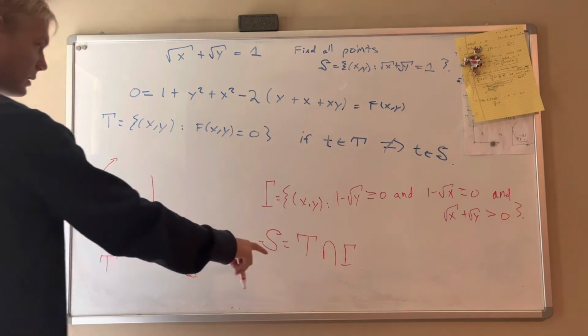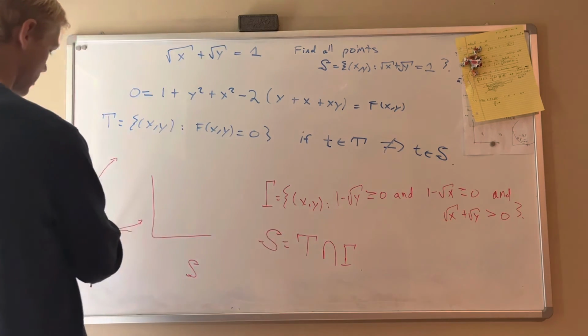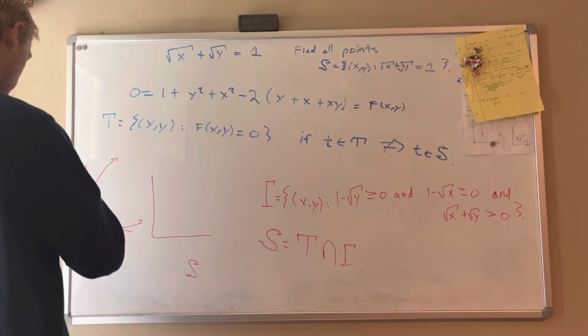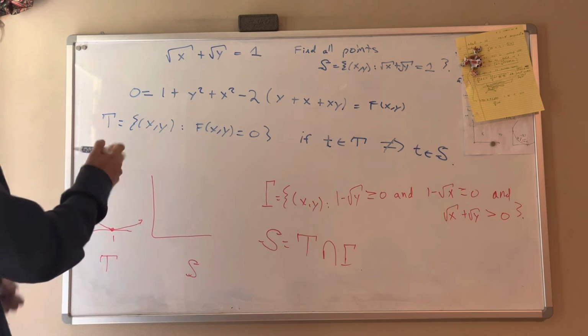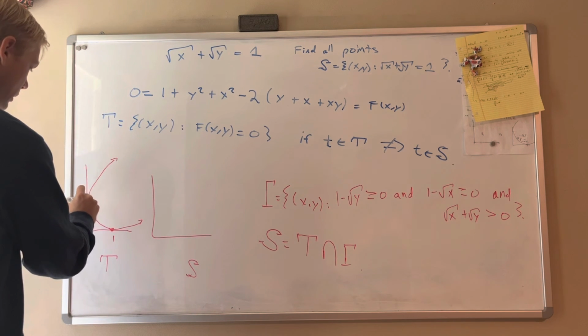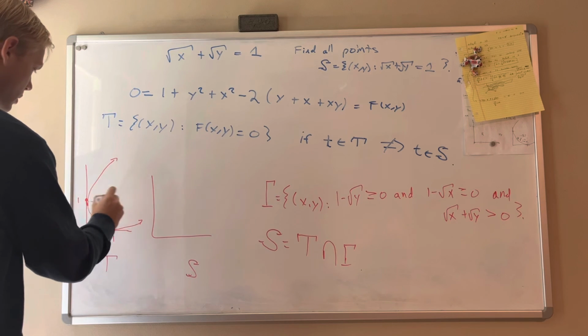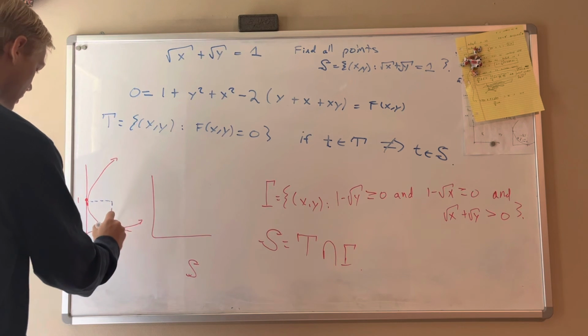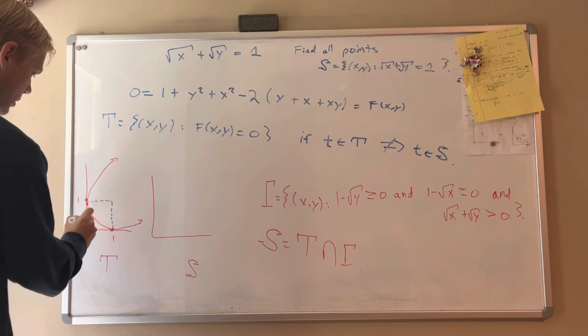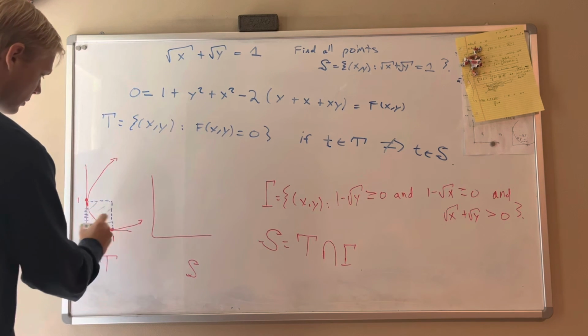And S is going to be now all points of T that are in gamma, but gamma is this point right here. So it includes this point, and it includes that point, but it doesn't include that point. So gamma is all these points here.